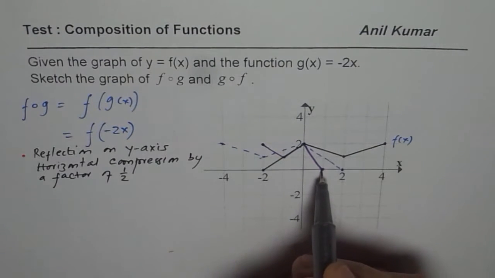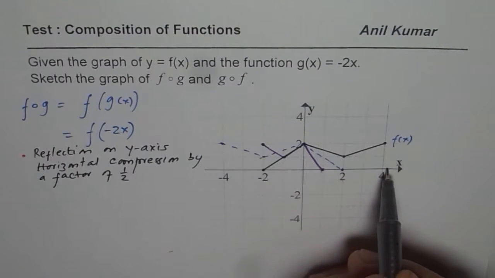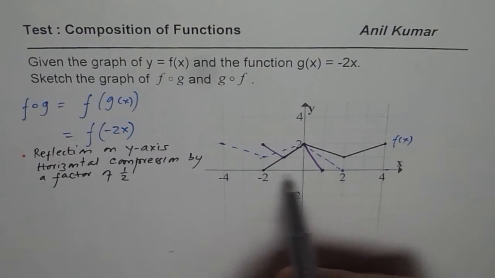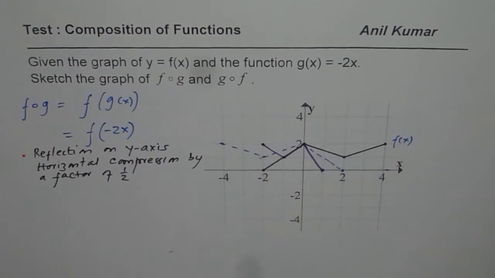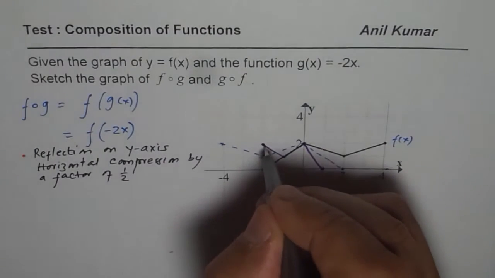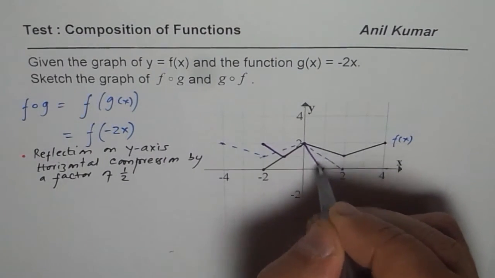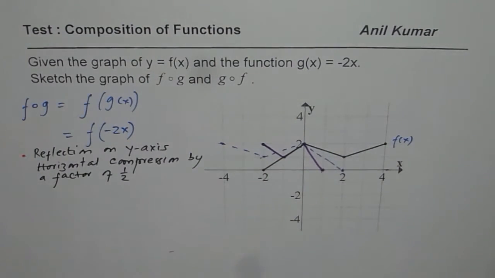You will see that its domain changes, right? That is the effect of horizontal compression and reflection. So that is our graph, correct? So that is how we could write it. Let me write down the points here.